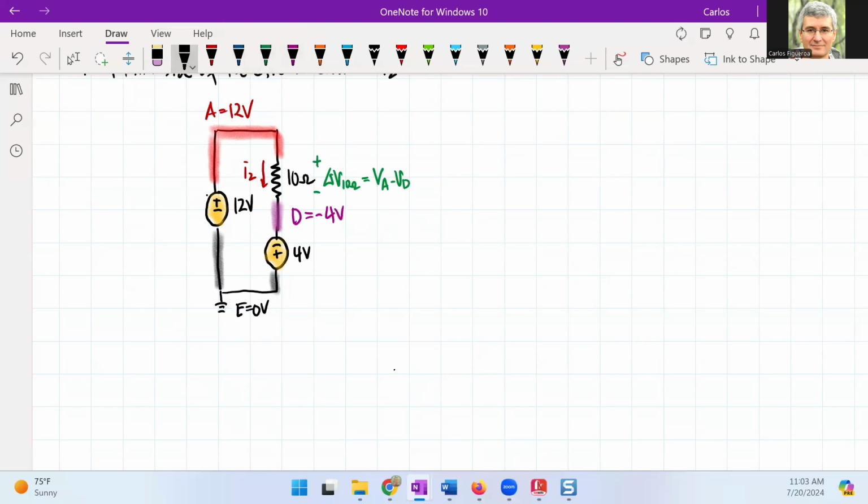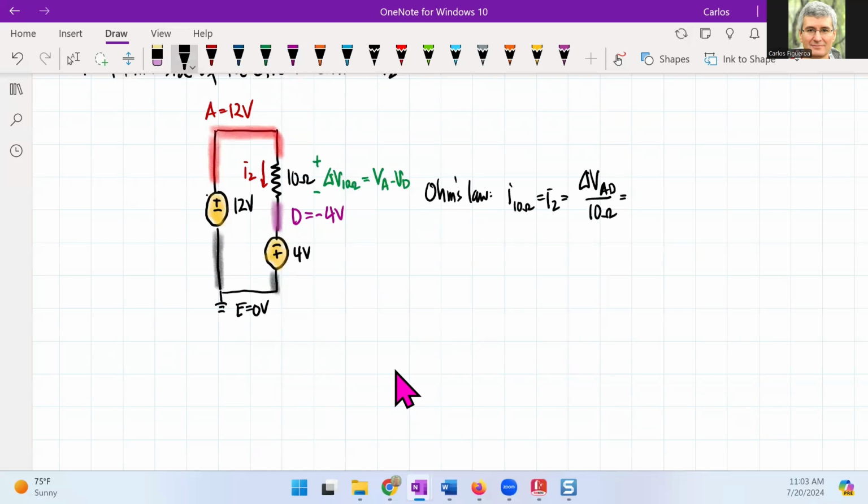So I'm just going to use the definition of Ohm's law. If I want the current of the 10 ohm, which we called I2 in this case, that has to be the voltage across the 10 ohm, which is AD, divided by the 10 ohm.